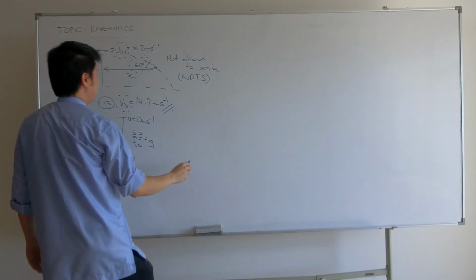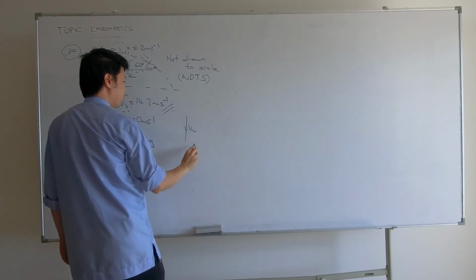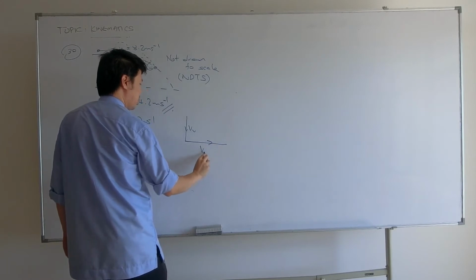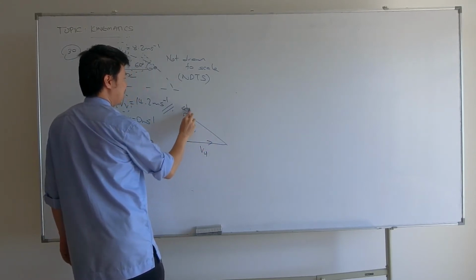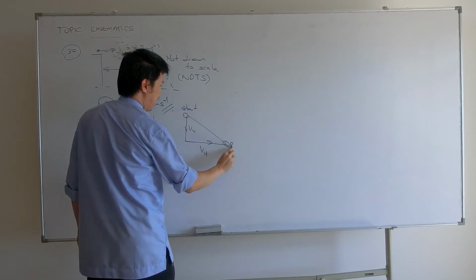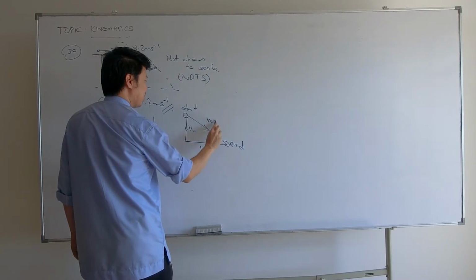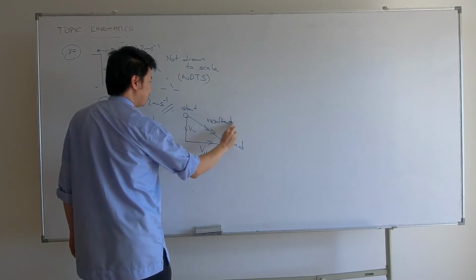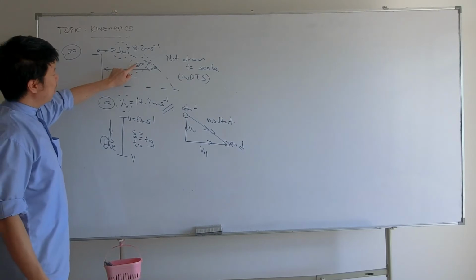So what does trigonometry mean? Just draw it. So VV going down, VH going sideways. This is your start. This is your end. So we have our resultant here. Where does this 60 degrees fit in?